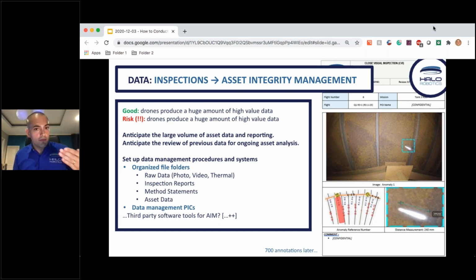Taking that report from the first time and being able to compare it to the second time so that there's a meaningful comparison or analysis is where you go from just doing inspections to asset integrity management, and being able to actually make decisions about that asset over a long period of time.